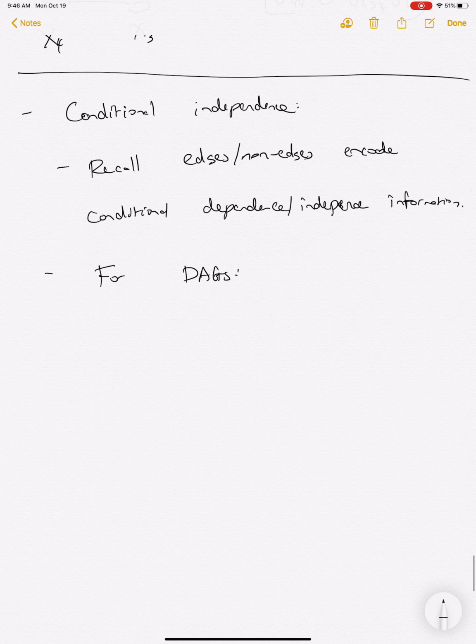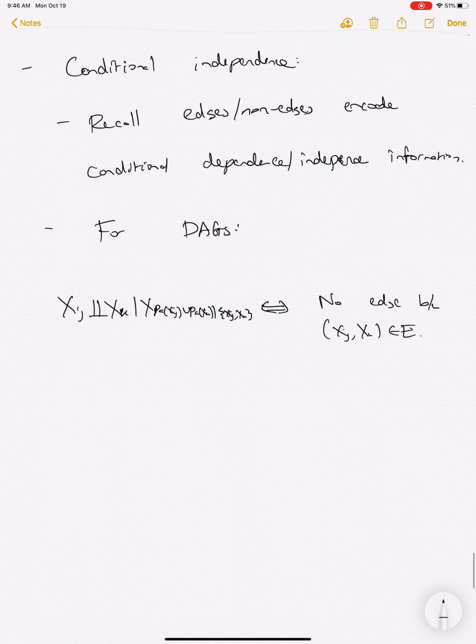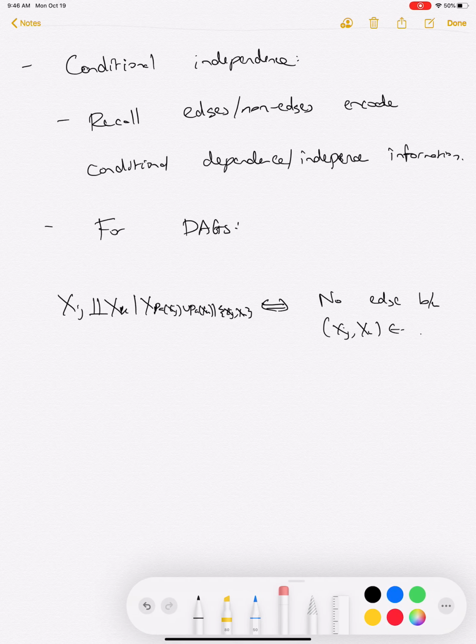This is done through xj is independent of xk given its parents, and that's going to be true if and only if there is no edge between xj and xk in G.